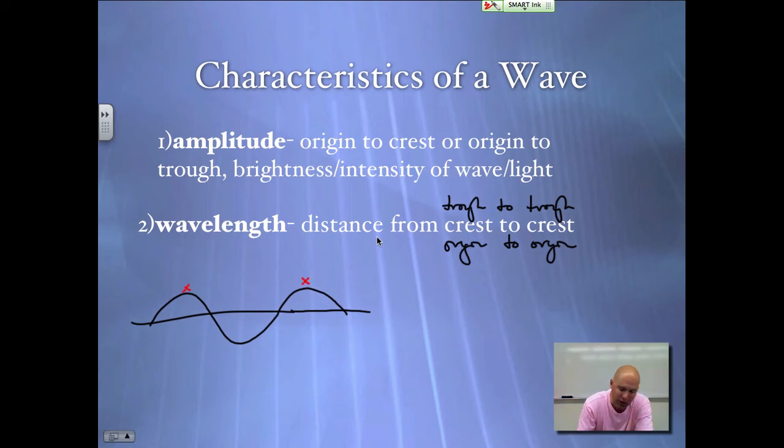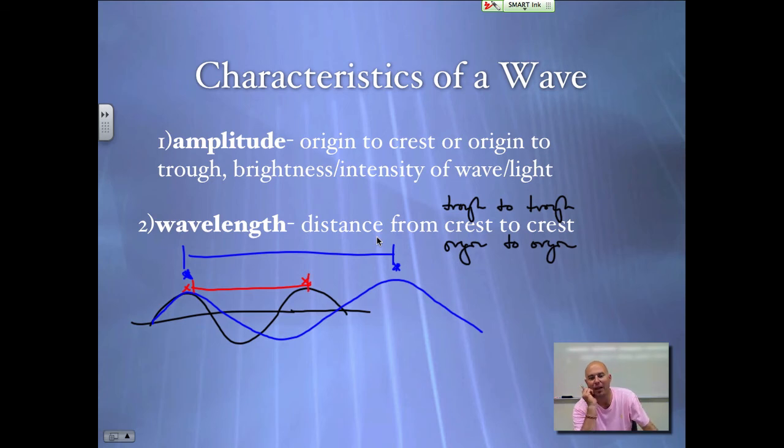Notice that we can have a wavelength that differs from another one with the same amplitude. Notice that this crest to crest is longer than this first red one here, but the amplitude, and again, my drawing is not great, is the same, okay?